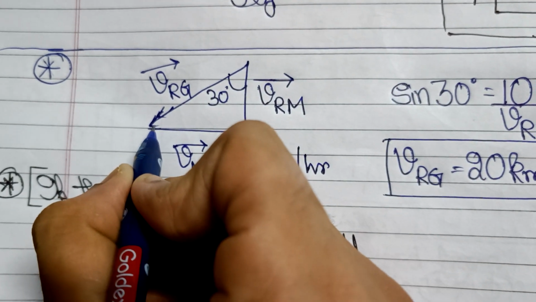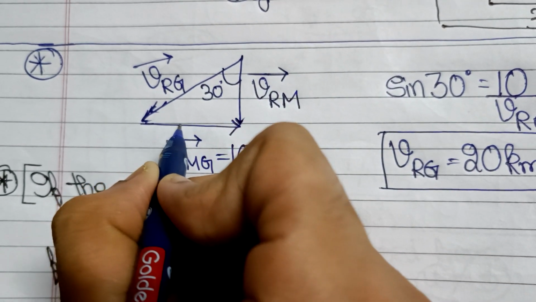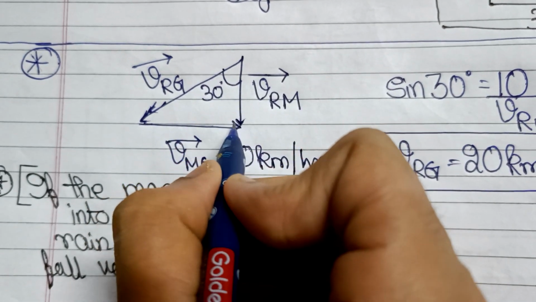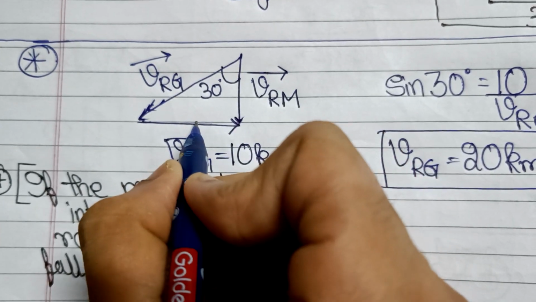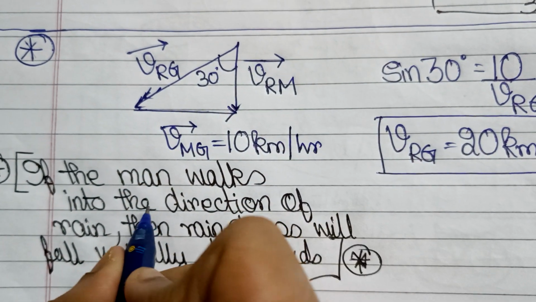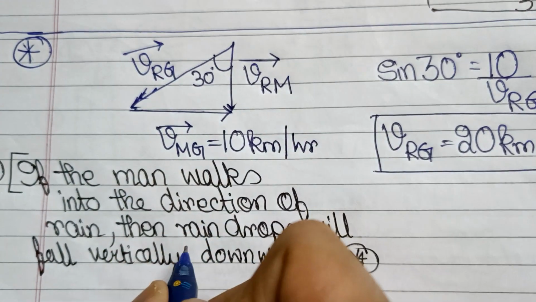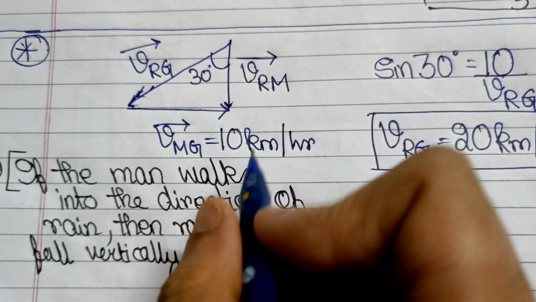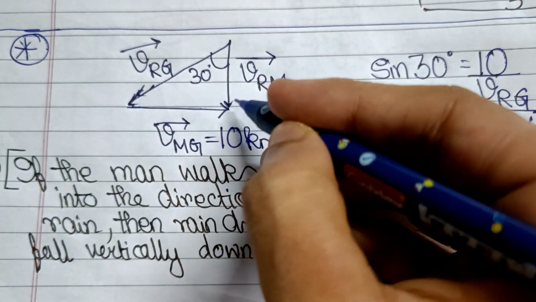The other type is this, in which the rain falls at an angle of 30 degree and the man standing here moves in the direction of the rain. If the man walks in the direction of the rain, then the raindrop will fall vertically downwards for him.